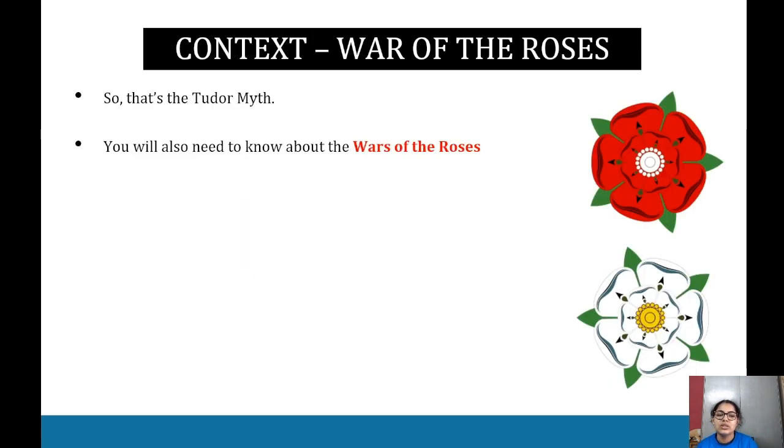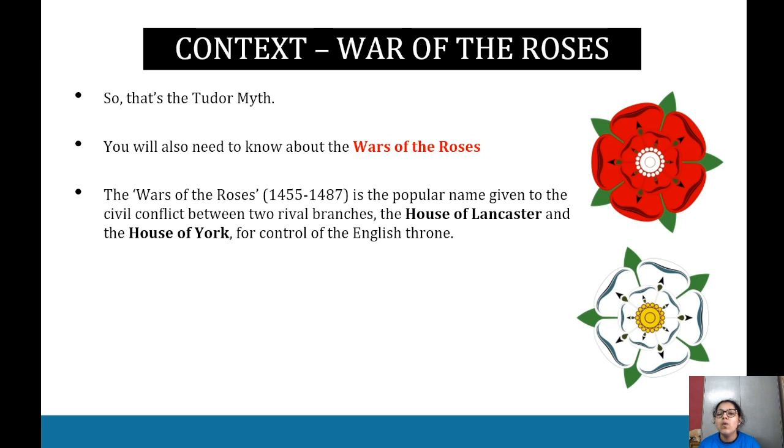Now, you will also need to know about the War of the Roses. The War of the Roses is the popular name given to the civil conflict between the two rival branches, the House of Lancaster and the House of York, for the control of the English throne. Before I go ahead, I'm going to add one more thing about the Tudor myth, which I should have mentioned earlier: appearances dictating behavior and personality was also part of the Tudor myth, which is why Shakespeare makes Richard III, like, nature doesn't want him.